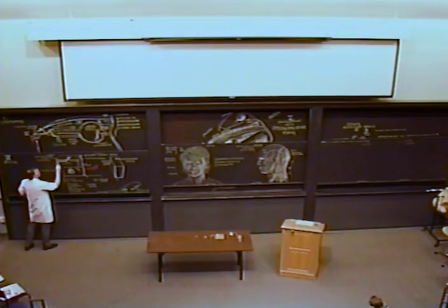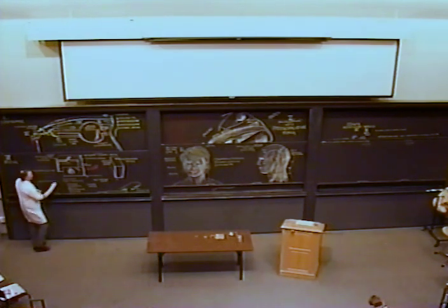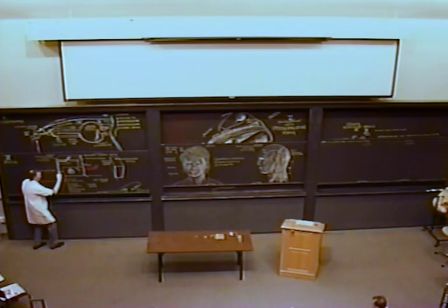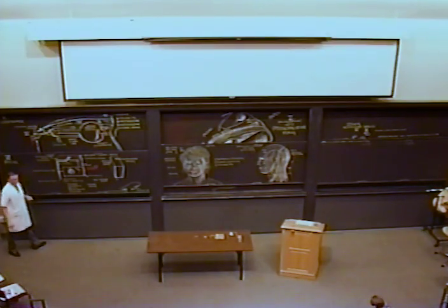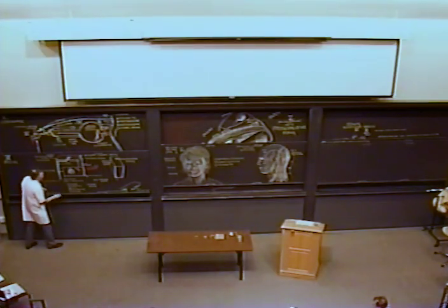In descending in this canal, it gives off a small branch to the stapedius muscle. Exiting from the stylomastoid foramen, the nerve will have a posterior auricular branch to small muscles, not active in everyone, but active in me. I can wiggle my ears. Of small consequence.